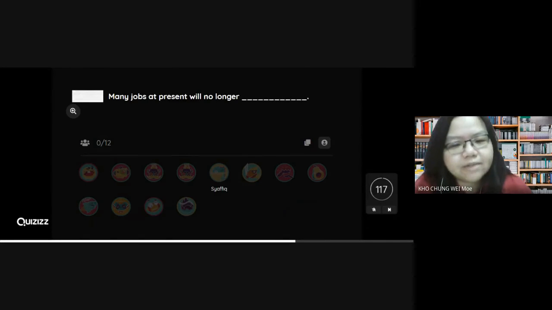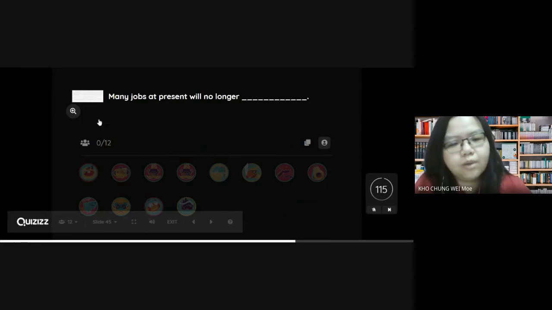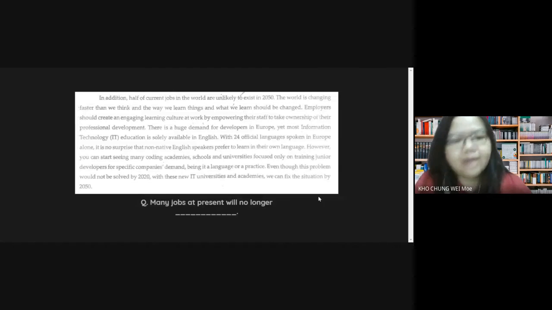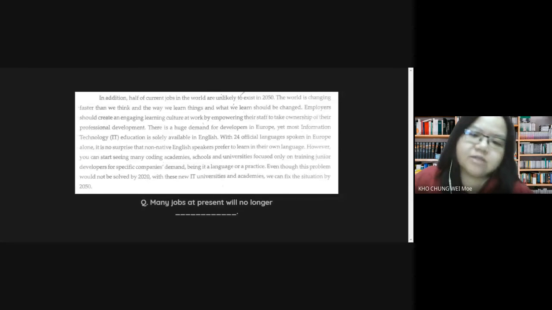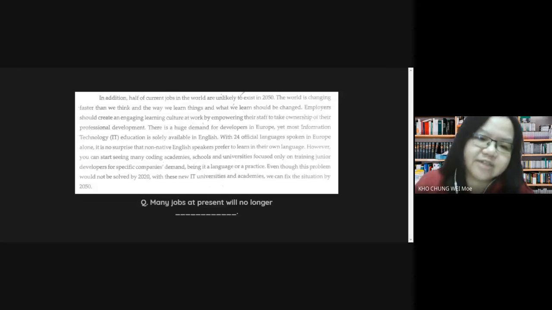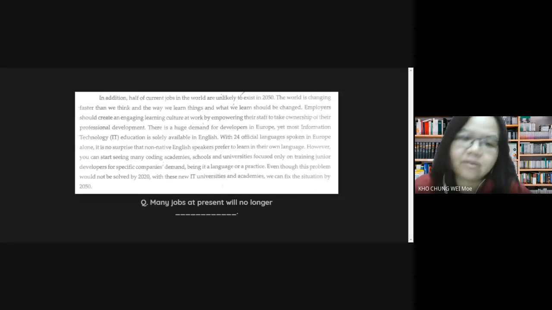Many jobs at present will no longer what? In addition, half of current jobs in the world are unlikely to exist in 2050. The world is changing faster than we think, and the way we learn things and what we learn should be changed. Employers should create an engaging learning culture at work by empowering their staff to take ownership of their professional development. There is a huge demand for developers in Europe. Yet, most information technology IT education is solely available in English.